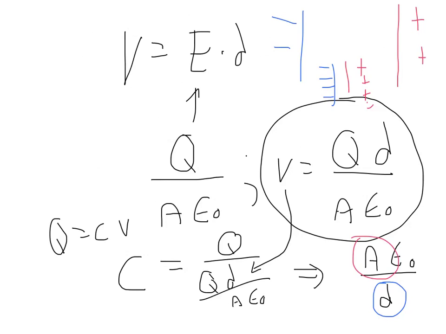Okay, so there's one other thing I want to tell you, which is that the capacitance can also be affected by what you put in between the plates, and I hinted at that at the beginning.